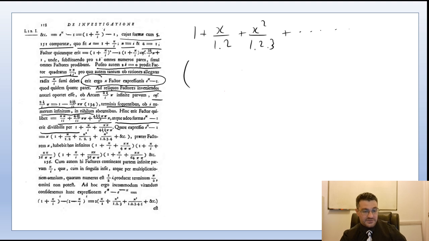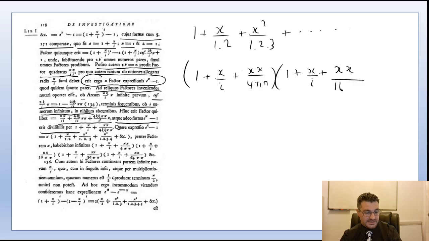He says that this factorizes to 1 plus x over i plus xx over 4 pi pi times 1 plus x over i plus xx over 16 pi pi, and so on and so forth.